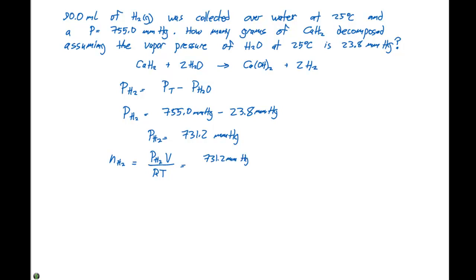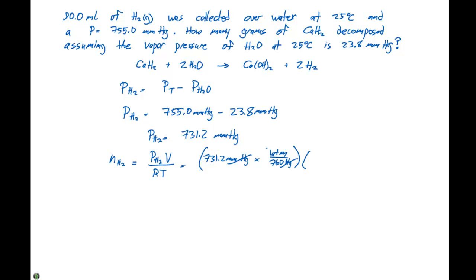Remember though, we need to convert that to atmospheres because that's what our constant's units are using. So 1 atmosphere is 760 millimeters of mercury, so those can cancel out.